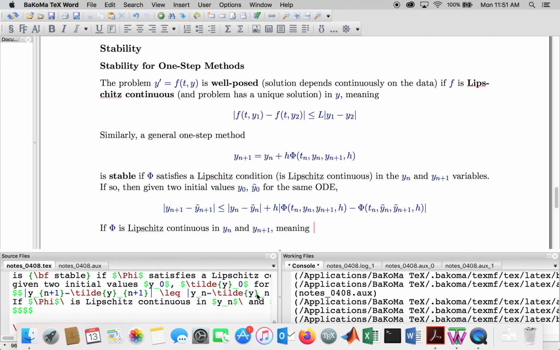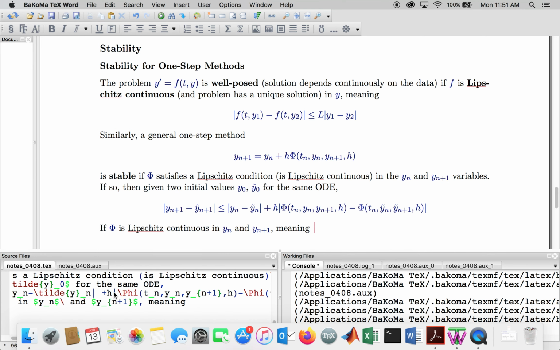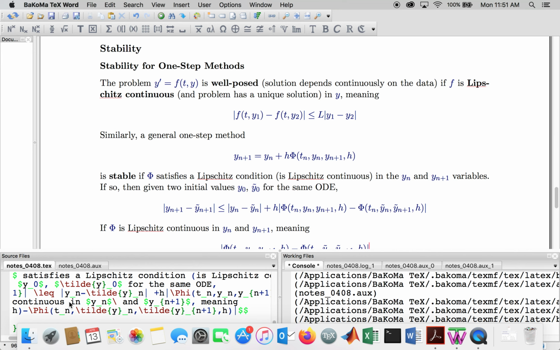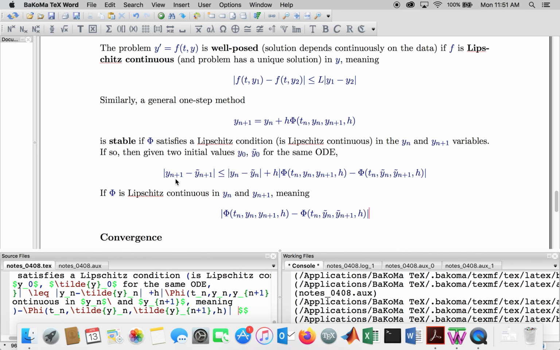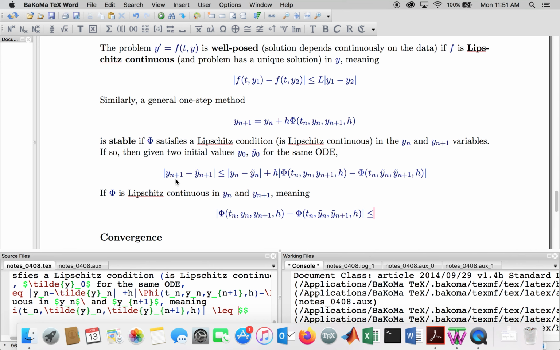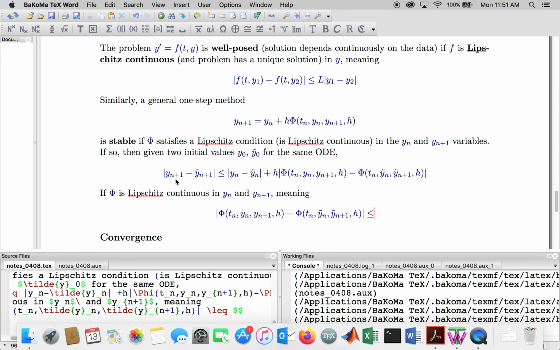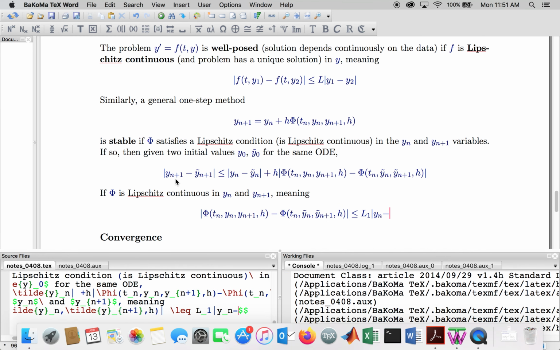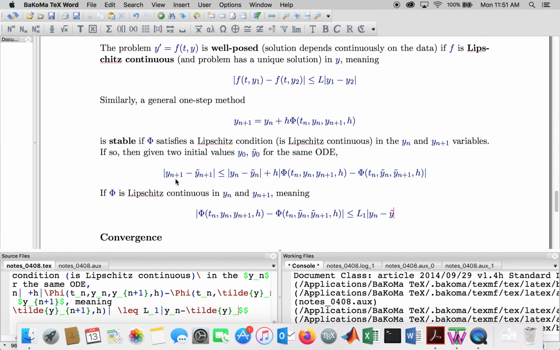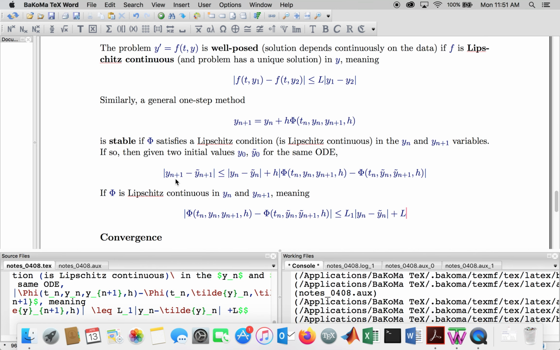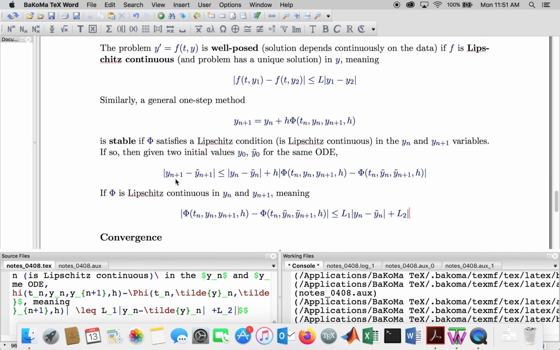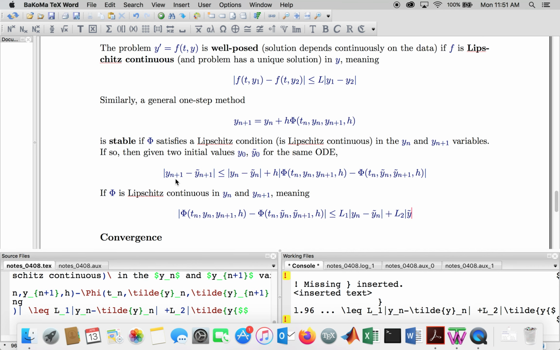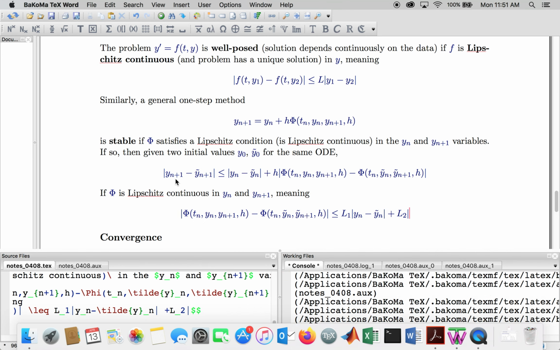So we have this expression right here, which is less than or equal to some constant L1 times the difference in the y n values, plus another constant L2 times the difference in the y n plus 1 values.